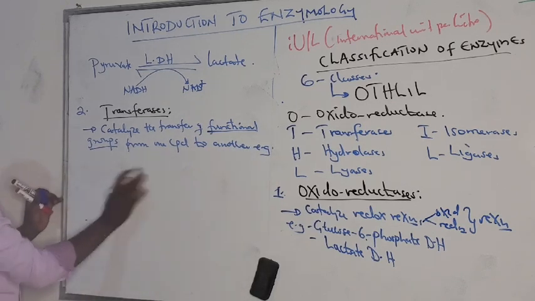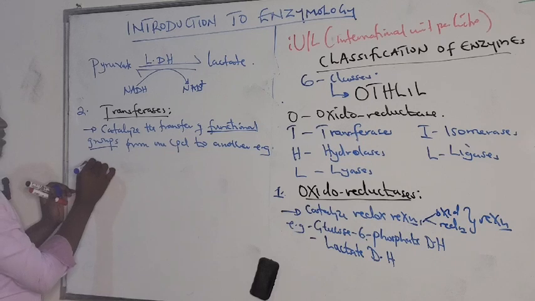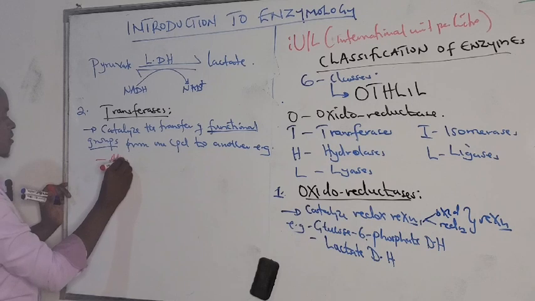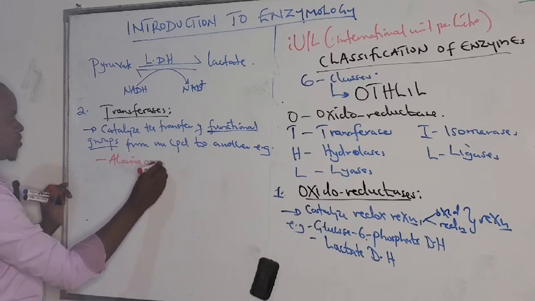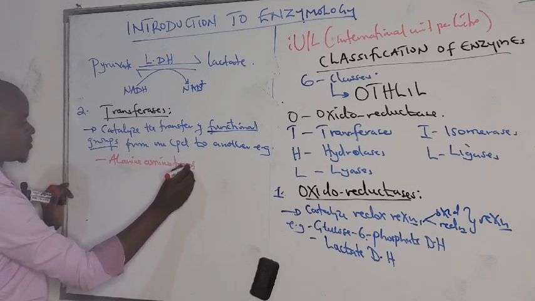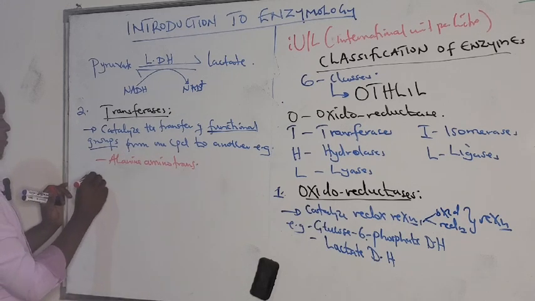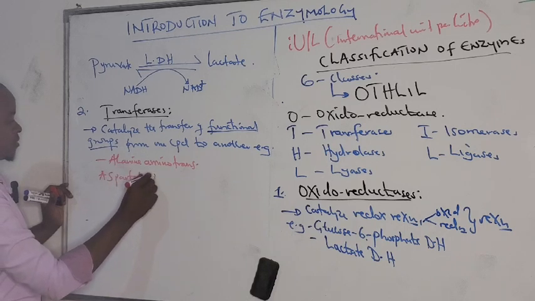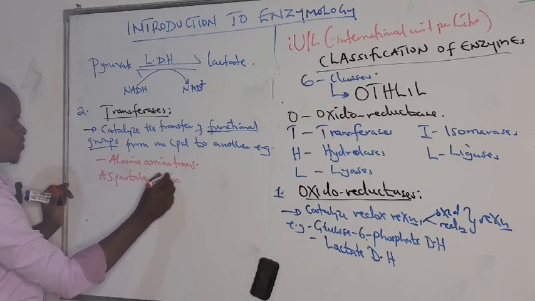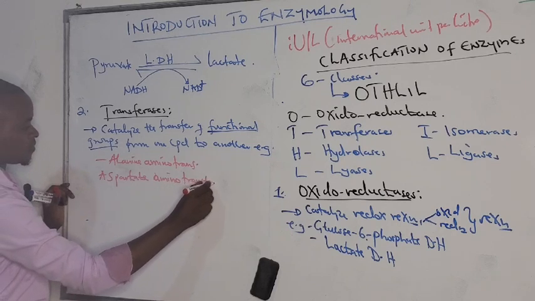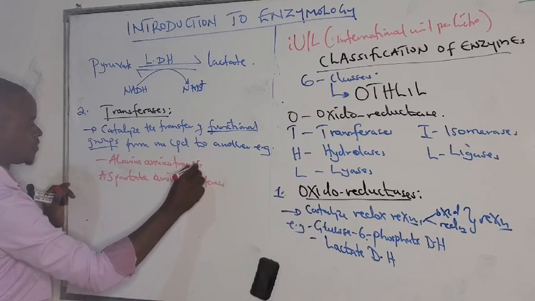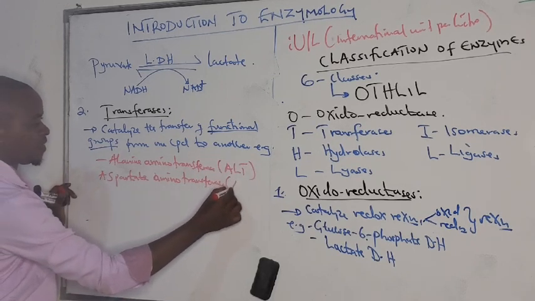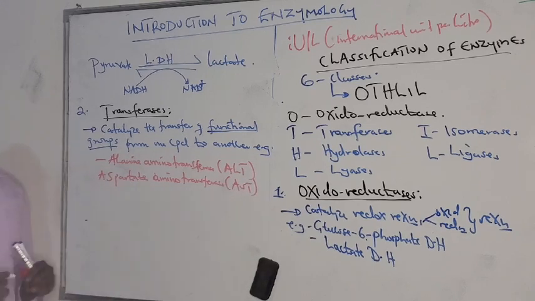We can give examples: alanine aminotransferase and aspartate aminotransferase. This one is abbreviated as ALT, and this one as AST. These are the examples of transferases.